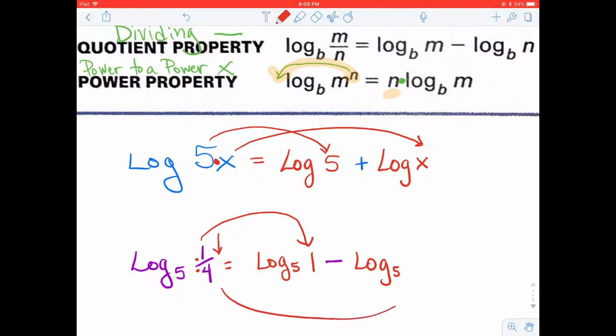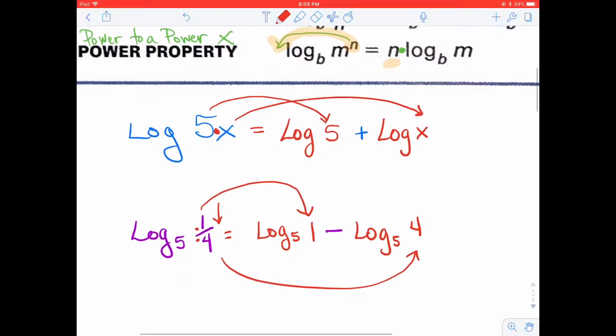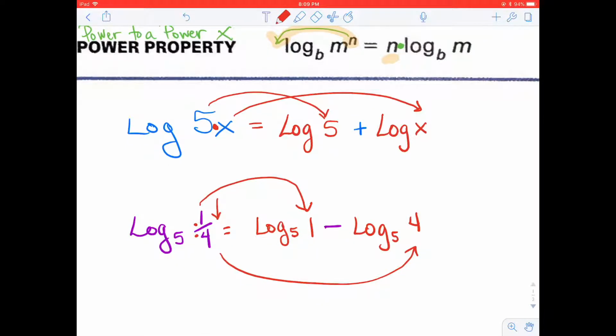So again, we're expanding, we're just pulling things apart and moving or shifting them to different locations. So the key to this is looking at the log first and identifying the operation or operations, and then just chipping away at it one step at a time.